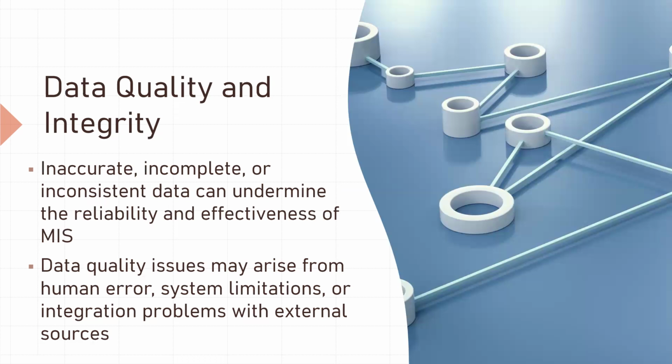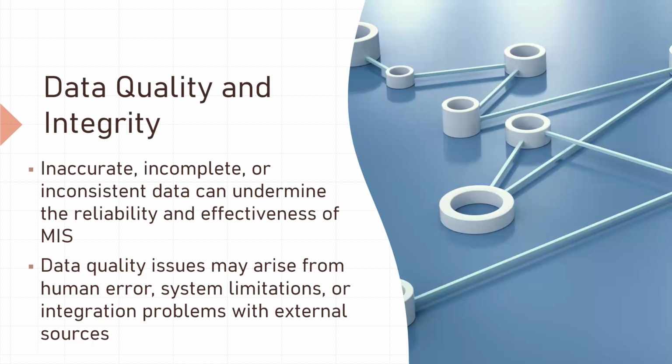Another one is financial losses. Errors in financial data, for example incorrect invoices or pricing mistakes, can lead to revenue loss or regulatory penalties. Now, you also have loss of trust in the system.